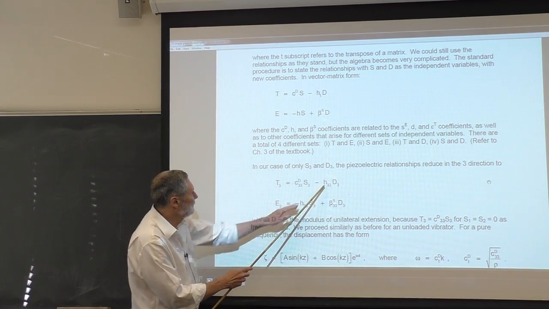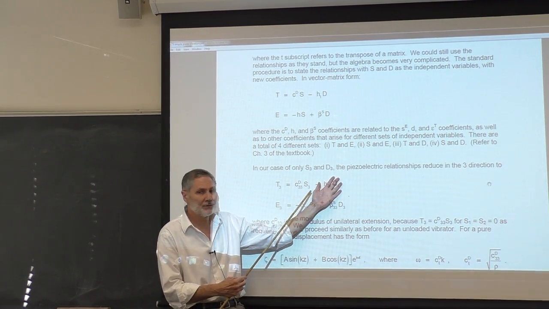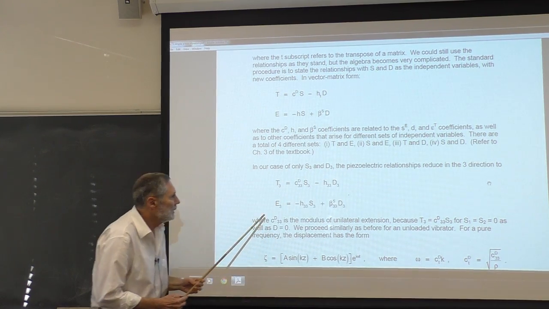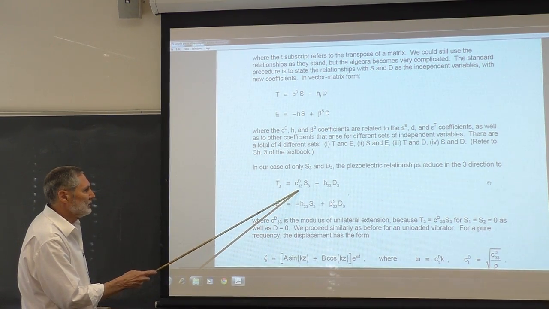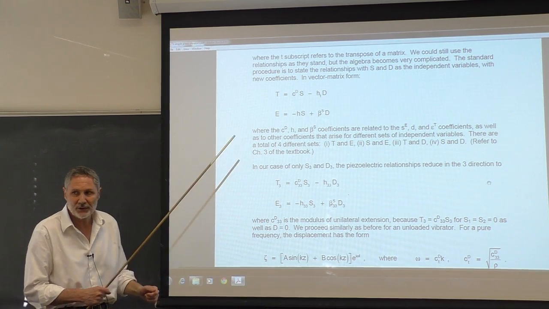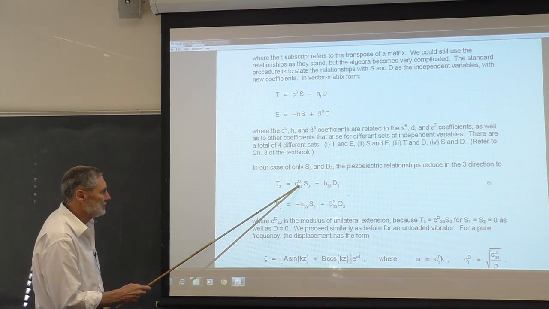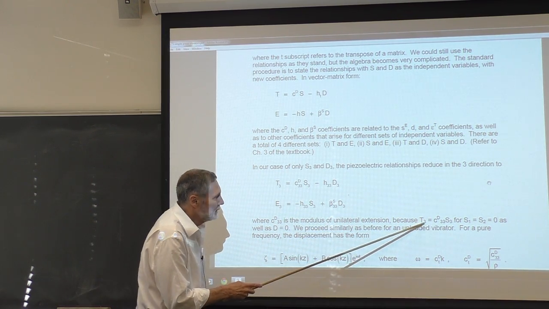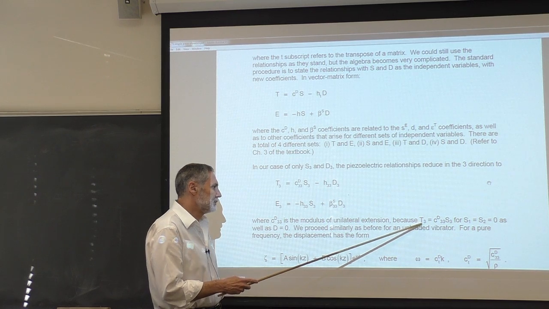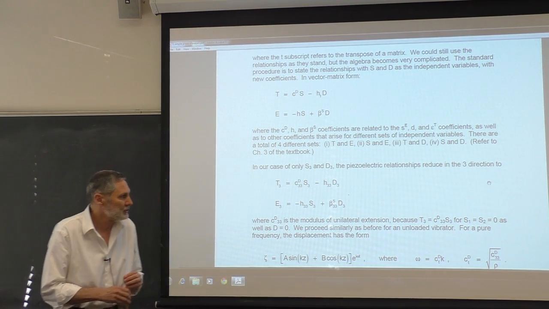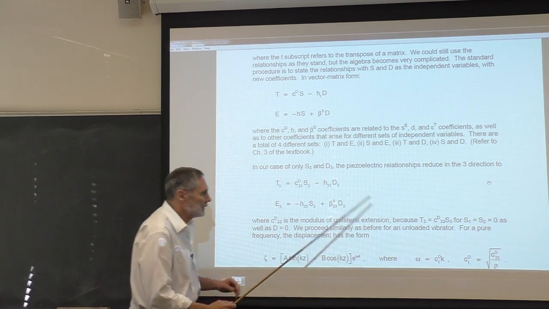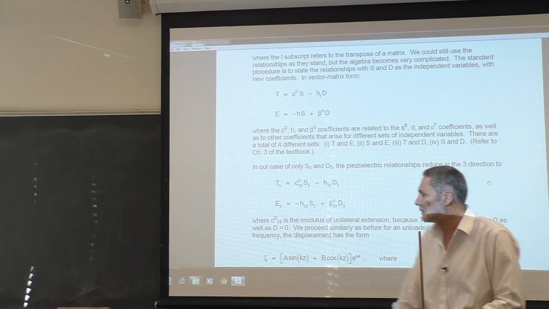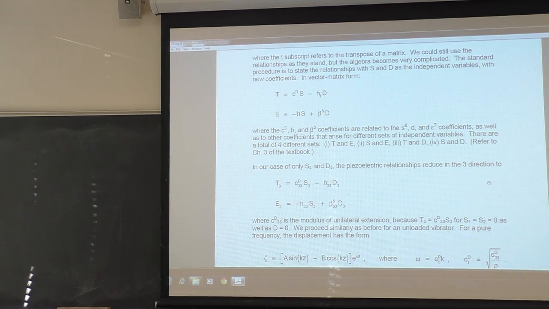For no displacement field, this is the classical stress-strain relationship, and this is the modulus of unilateral extension and compression. We talked about that long ago. The stress is proportional to the strain, and the proportionality is the stiffness, the Hooke's law thing. For what we're doing, because it's unilateral, this is going to be that modulus.